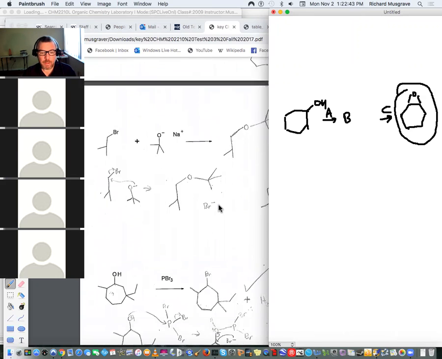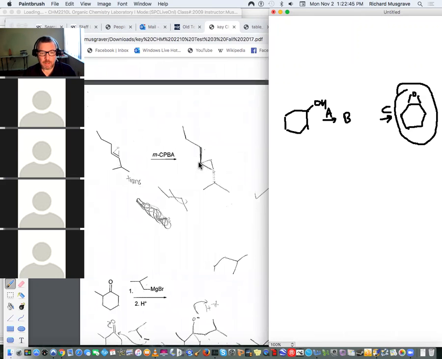And when you look through, there's only one that will do that, and that's this one that has the MCPBA. So you see what the student has done here, you can see that they've even sort of drawn this on the reactant because they know what the pattern is for the MCPBA process.